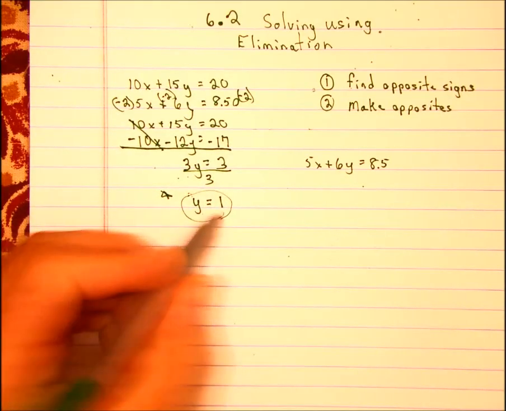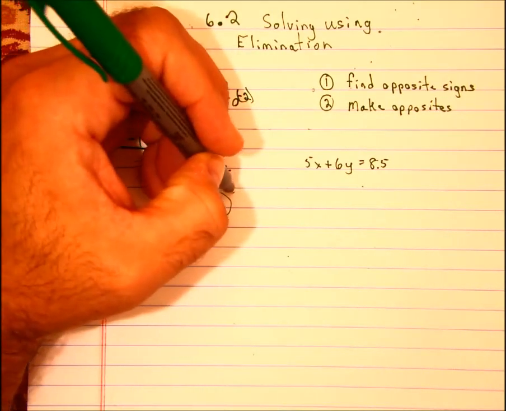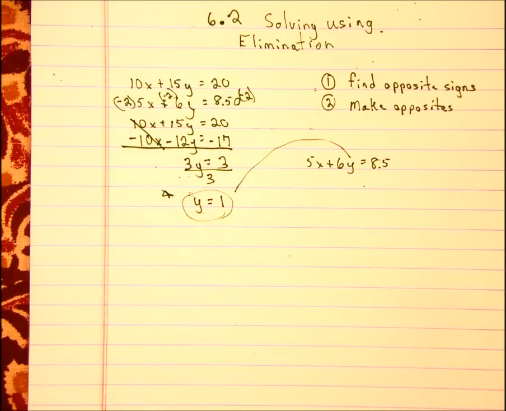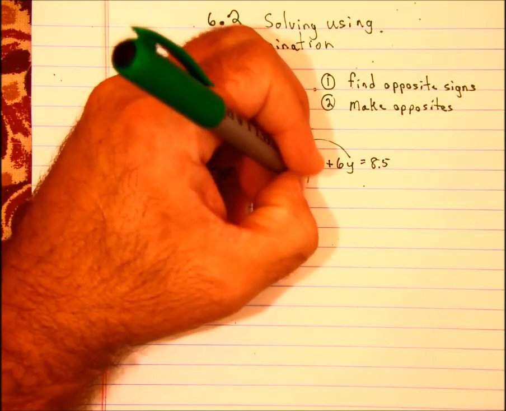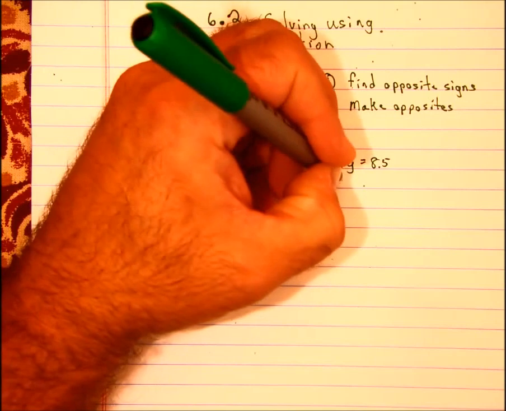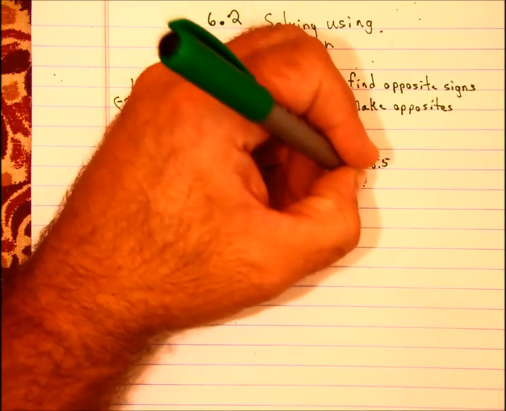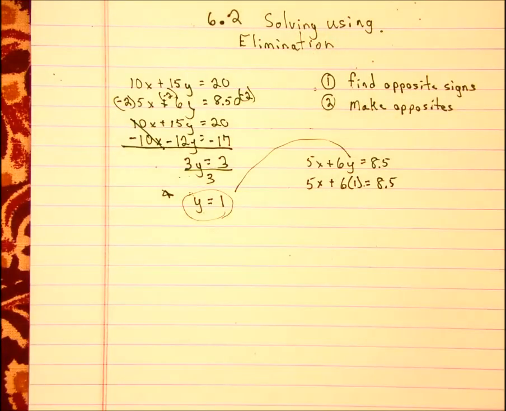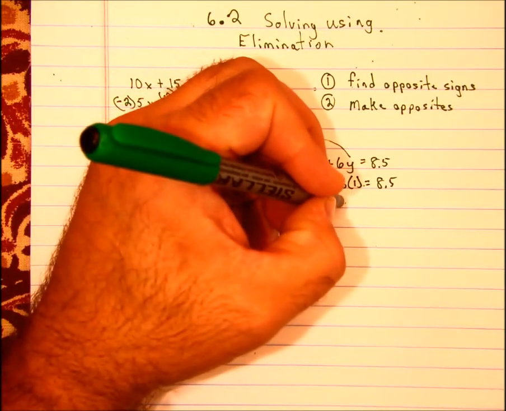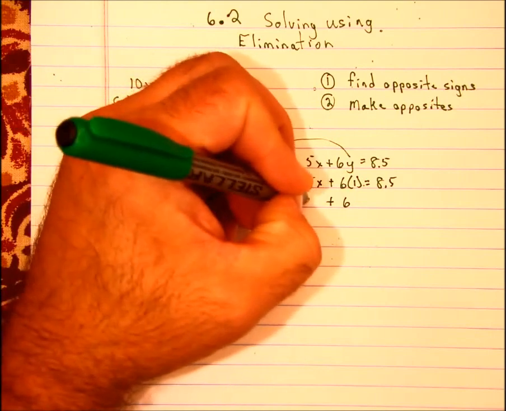And I'm now going to plug this y into that equation. So I'm left with 5x plus 6 times 1. I'm going to write it like this. 8.5. Okay. Hopefully you know 6 times 1 is 6.